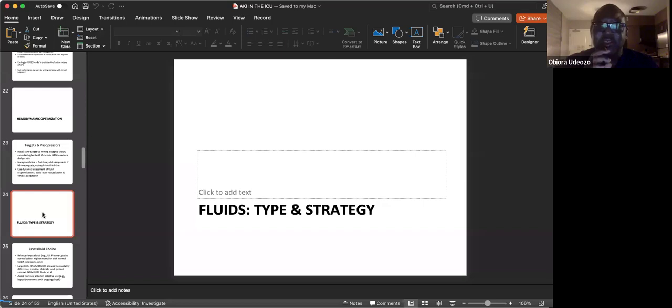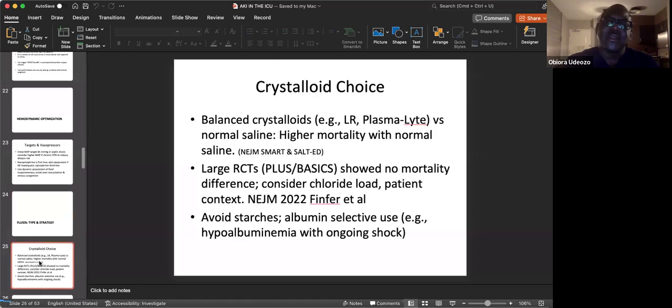Now, fluids and strategies. There has been a lot of debate. What fluid is better? Normal saline or balanced IV fluids, okay? The first study came out in NEJM, called the SMART and the SALT-ED.